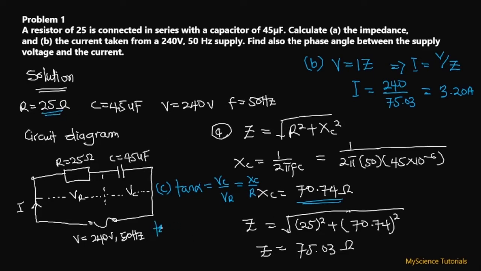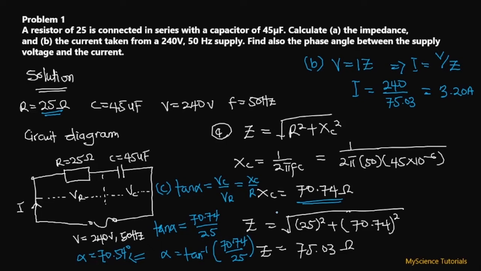So tan of the phase angle is equal to 70.74 divided by 25. To find alpha, the phase angle, we take the tan inverse of our ratio 70.74 over 25. If we do that, the phase angle will be equal to 70.54 degrees. So our phase angle is 70.54.